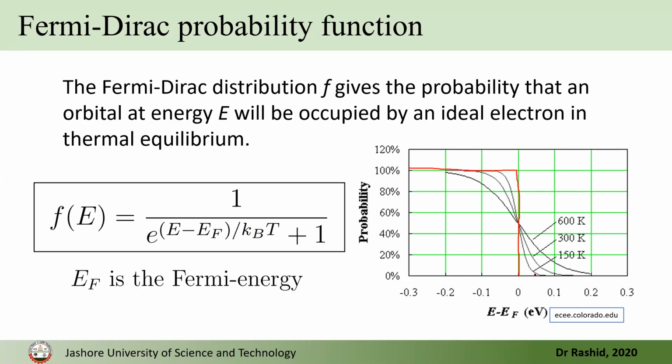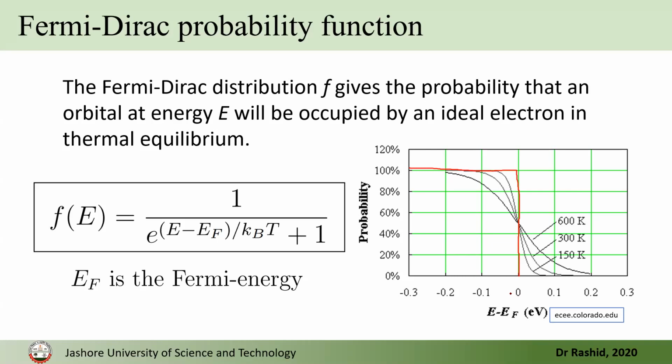Now, as the temperature increases, you can see there is a drift. This is filled, this is empty at 0 Kelvin. Some electrons tend to go from the filled state to the empty state, so there is a deviation of the shape from the 0 Kelvin.